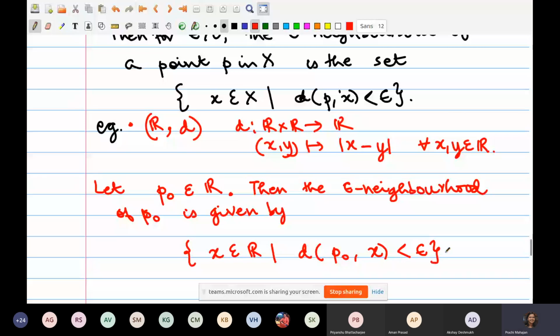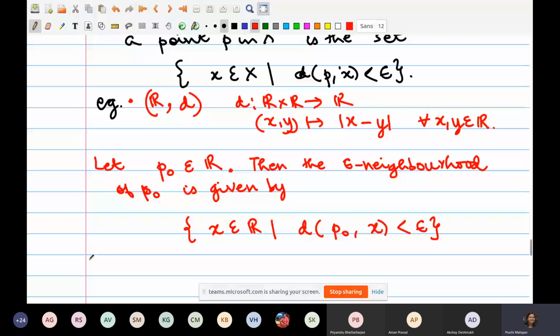Is that okay? Now in this example, what is the distance between P naught and X? It's just the Euclidean distance, the absolute value of P naught minus X. So this set in this example is exactly the following thing.